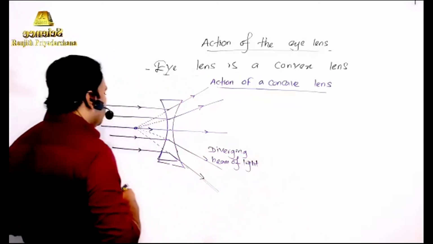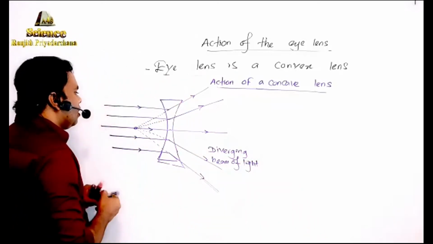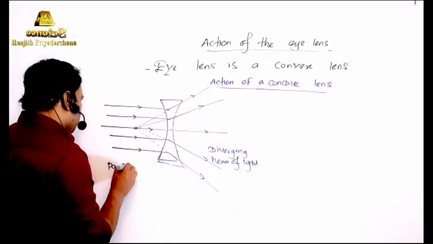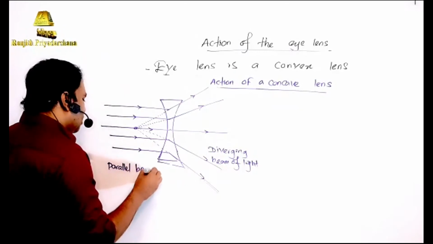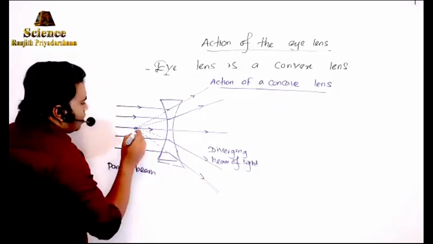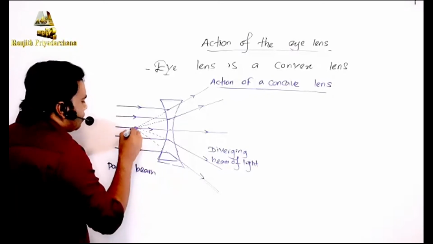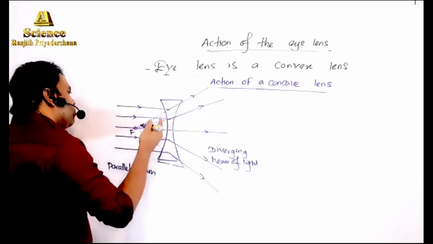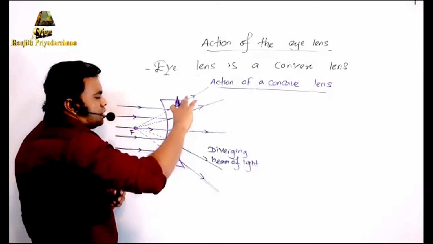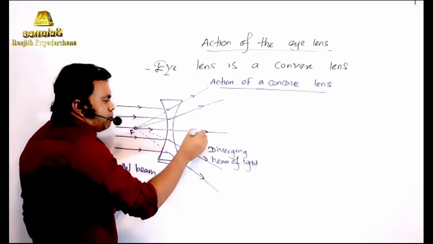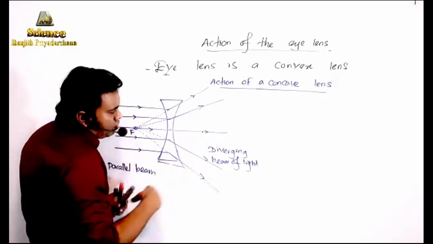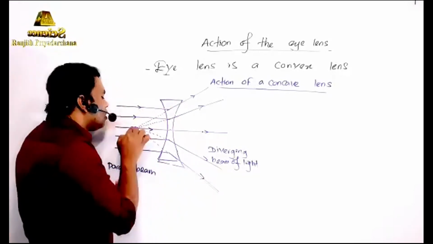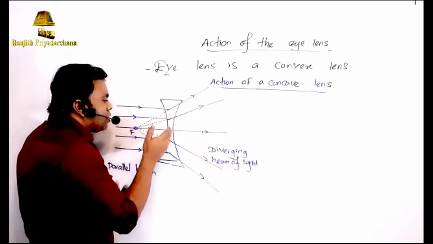Diverging beam of light. This is a parallel beam of light. So you can see this is the focus, but before the refraction, these light rays are not focused to a single point. So it diverges as it comes from a single point before the lens.